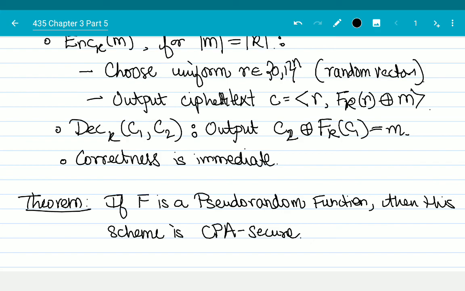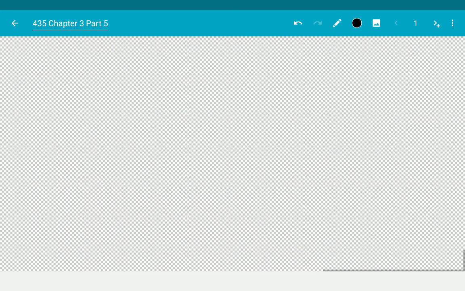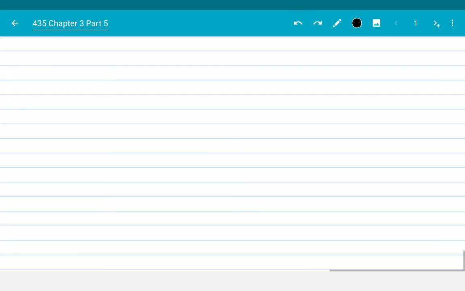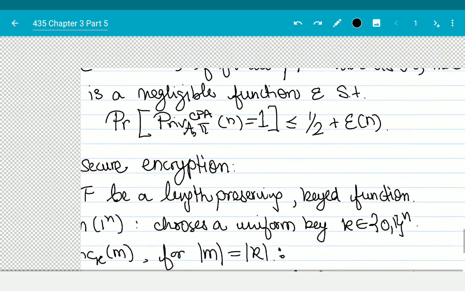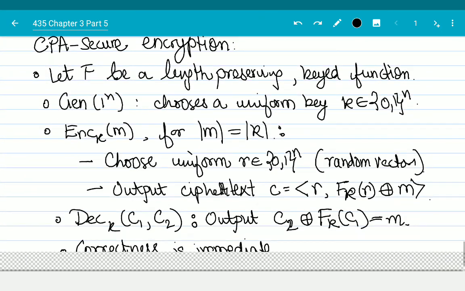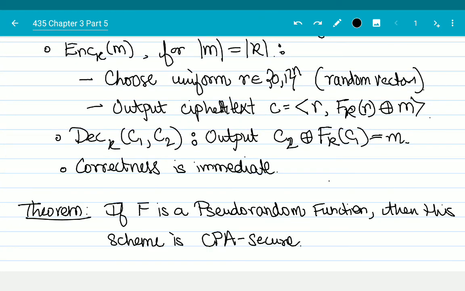So as long as f is a pseudo-random function, this scheme is going to be CPA secure, but otherwise we have no guarantee.